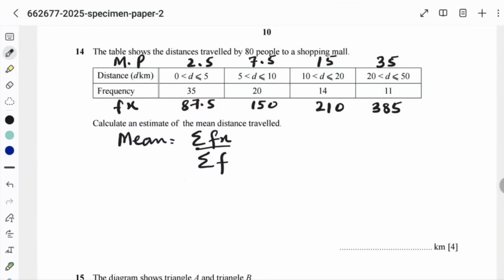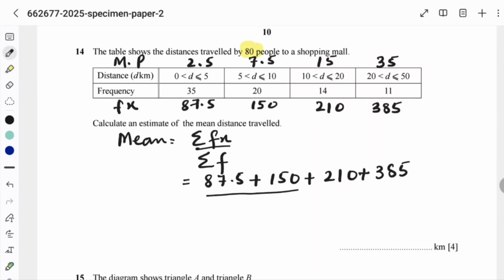That is 87.5 plus 150 plus 210 plus 385, and then the sum of f. We know that it's the total number of people, which is only 80.